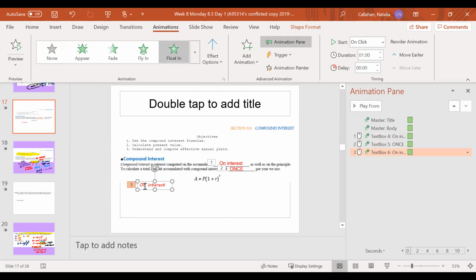Okay, so the first thing you have here is A. Your A is going to stand for the amount you get back after so many years. So this is kind of like in the future, okay? That's what A stands for.